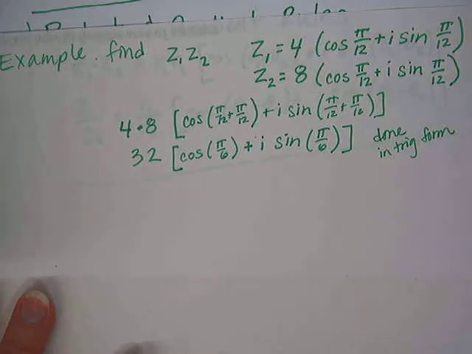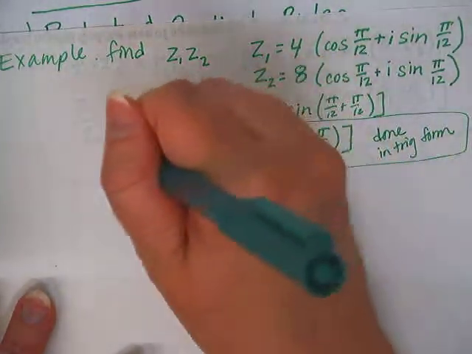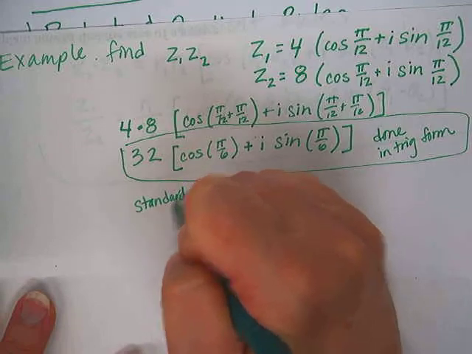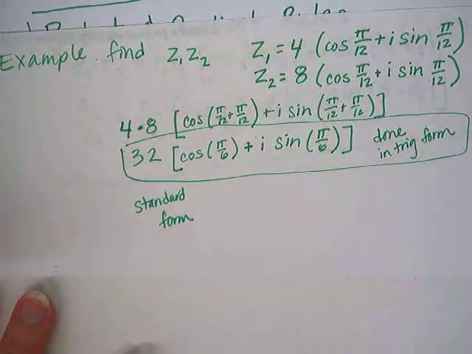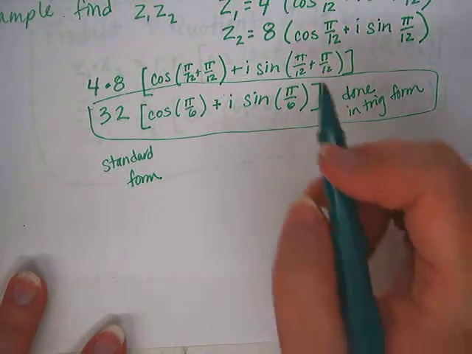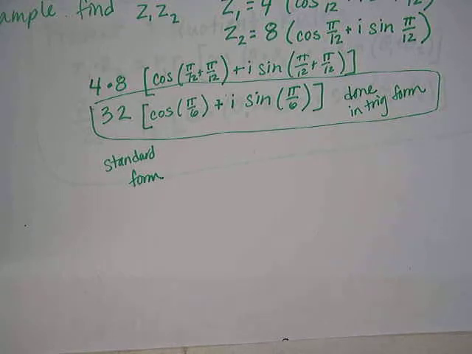They usually tell you. They usually say leave your answer in trig form, or they'll say put your answer in standard form. But let's go ahead, just for kicks, and find the standard form answer. What would that be?